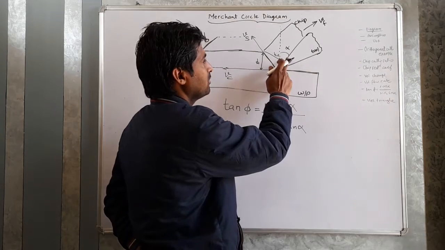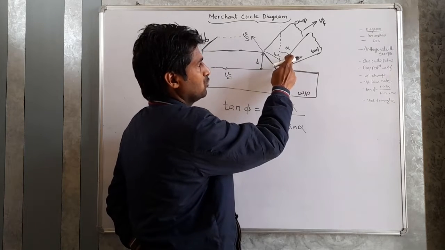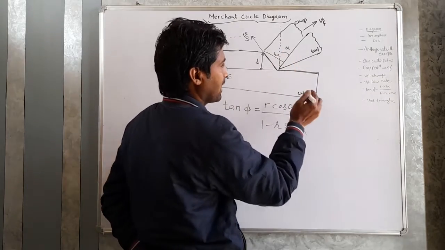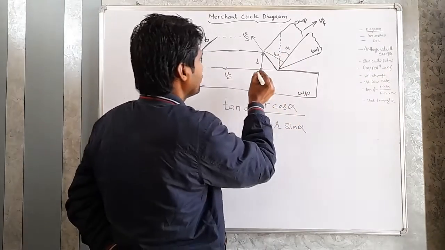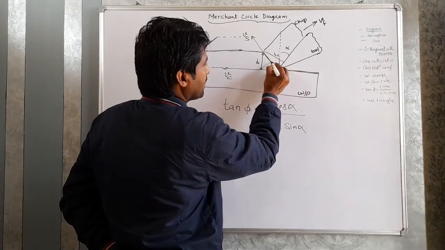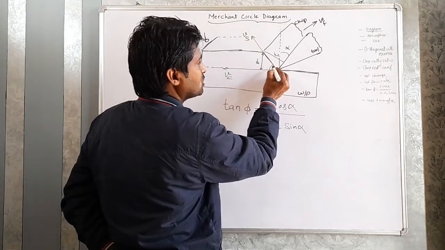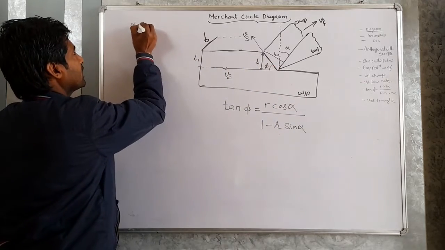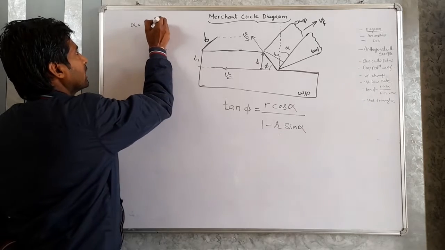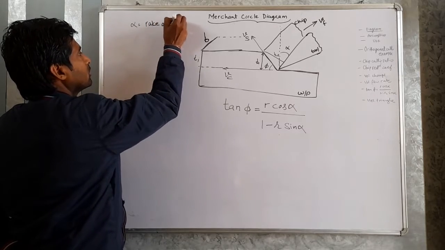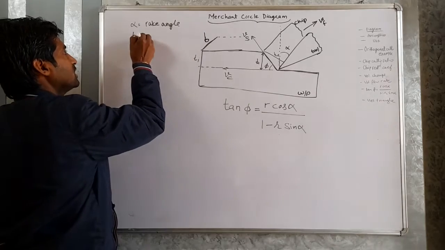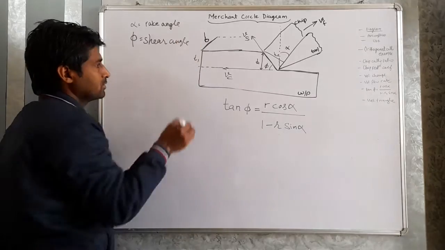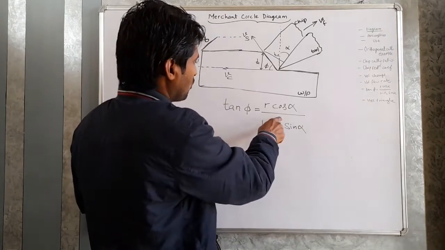This is the angle made by the rake face of the tool with this vertical line. This is called alpha, that is rake angle. And what is this? This is the shear plane. So the angle made by the shear plane with the horizontal is called phi. So alpha is rake angle, and phi is the shear angle.